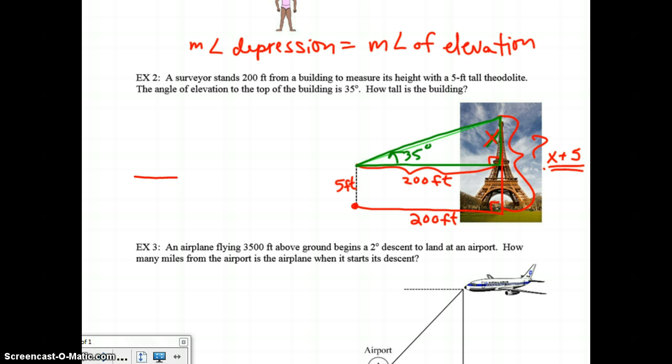So we have our right triangle. I'm going to draw another one over on the side. It's 35 degrees. We want to know the height, and the base is 200. Compared to our angle, we have an opposite side and an adjacent side. If I think about my trig functions, tangent, sine and cosine, tangent is the one that uses the opposite and adjacent side.